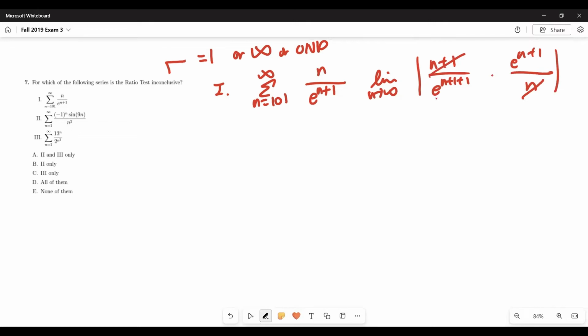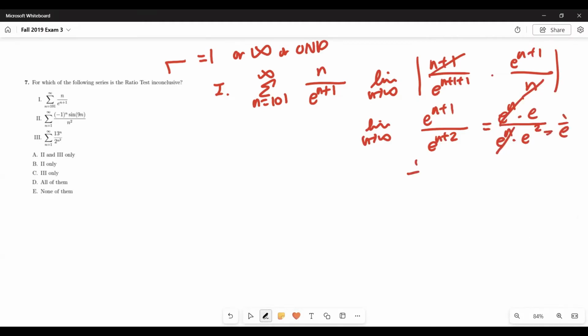So this will be just limit as n goes to infinity, e^n over e^(n+1). So this cancels out, so this is just 1 over e, which is less than 1, so it is convergent. So it's not inconclusive, so 1 is not right.